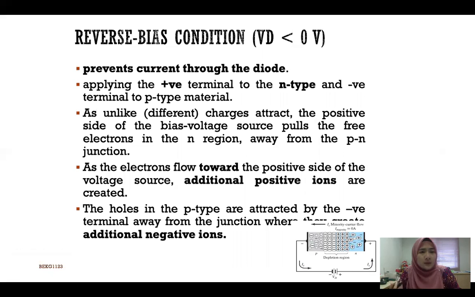Now let's look at reverse bias. Reverse bias happens when VD is less than 0 volt. In the previous bias condition, current passes through the diode. In this condition it prevents current through the diode, meaning it's an off condition.